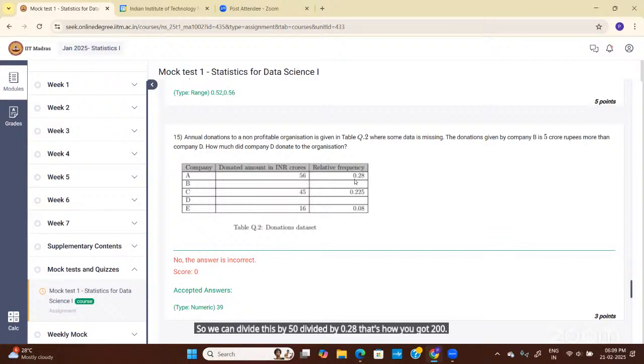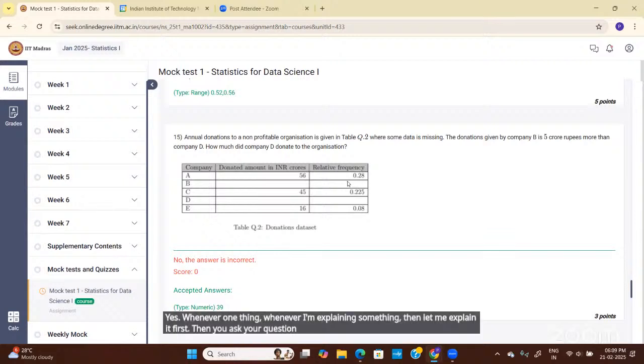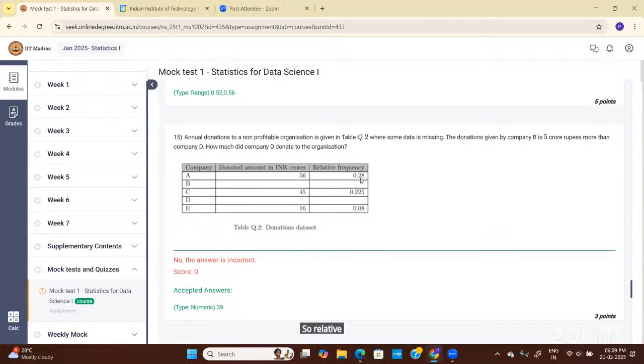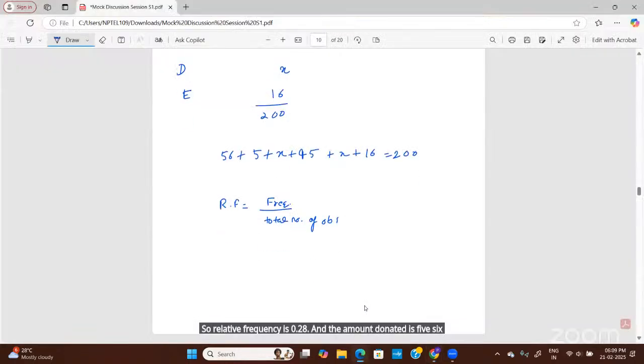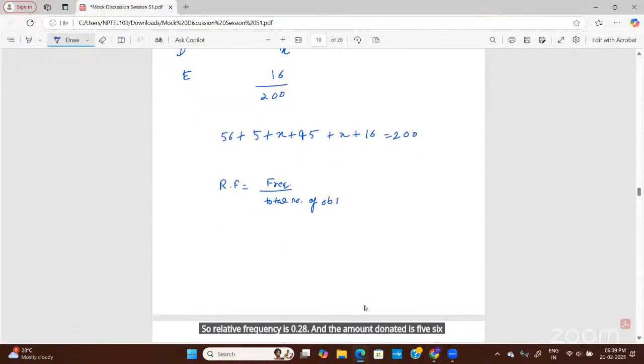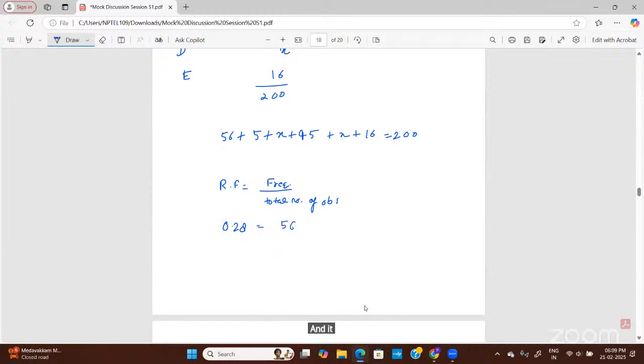Whenever I'm explaining something, let me explain it first, then you ask your question. So the relative frequency is 0.28 and the amount donated is 56, and we have to find the total.